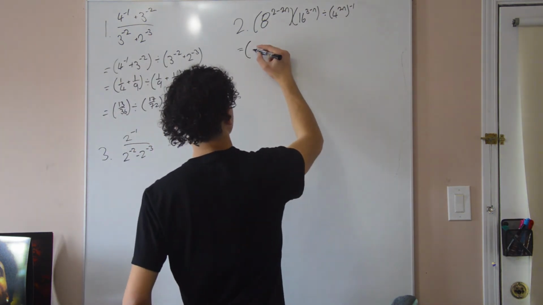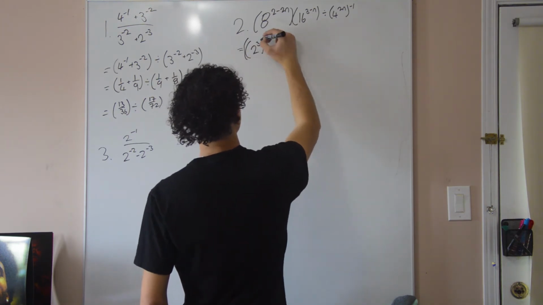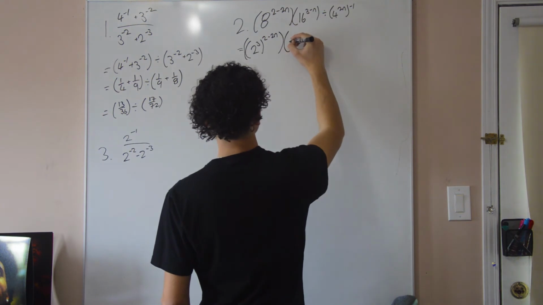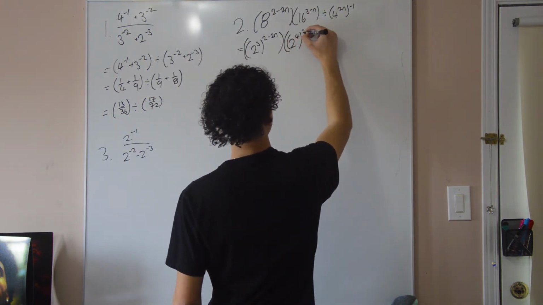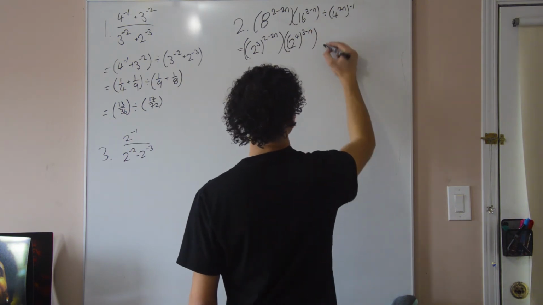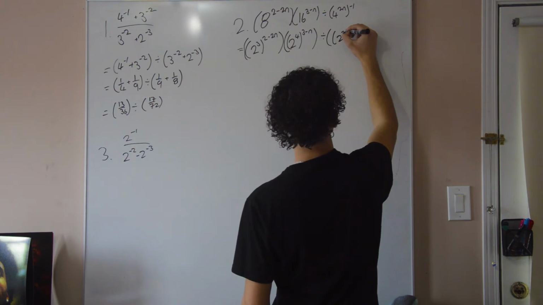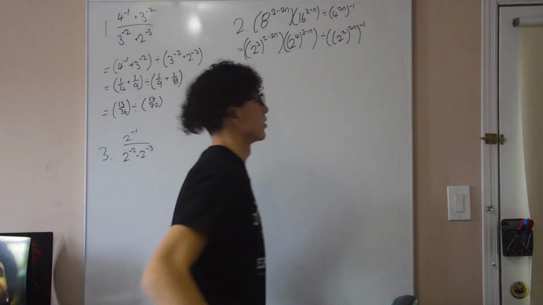So this becomes 2 to the 3 to the power of 2 minus 2n times 2 to the 4 times 3 minus n divided by 2 to the 2 to the power of 2n to the power of negative 1, just like that.